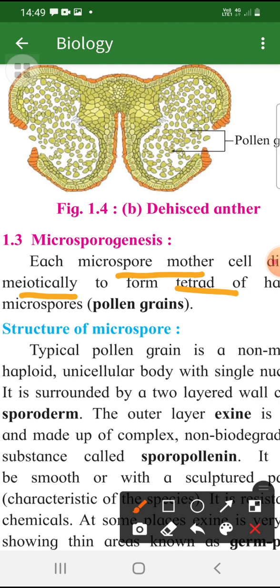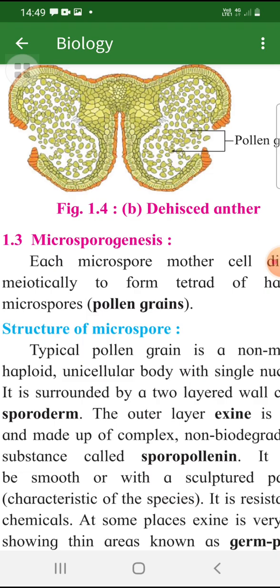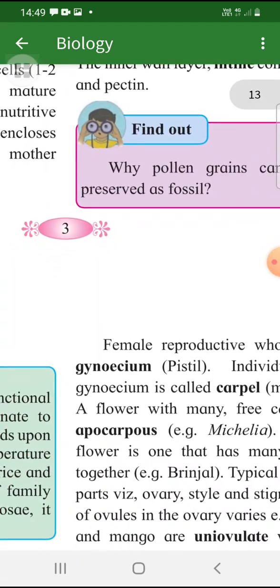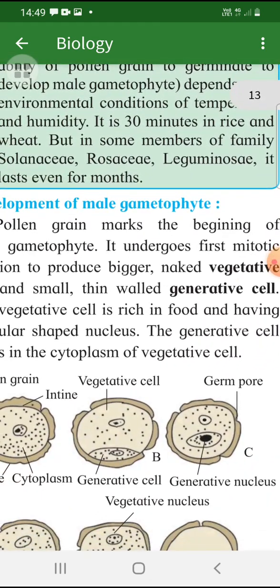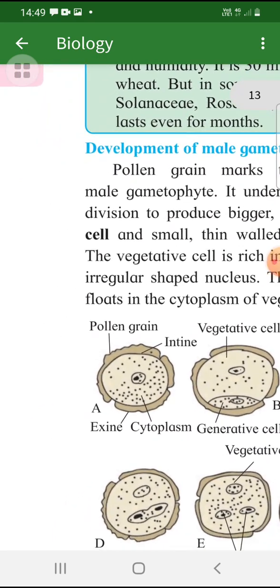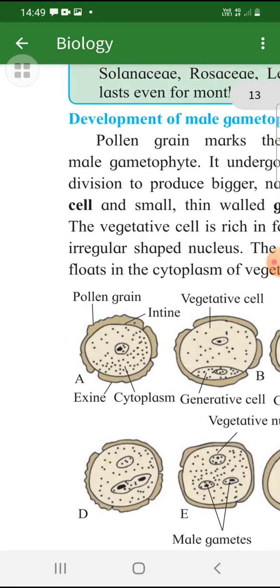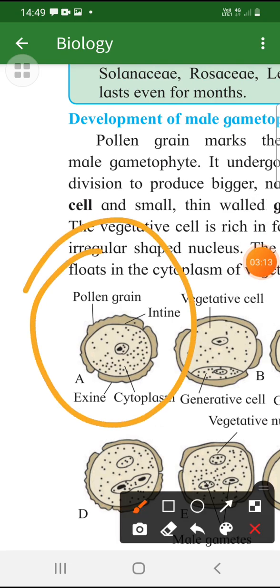Now let's understand. We don't have the diagram much, but still on page number 4 you can see a little bit over here. So the diagram in front of you, let's just focus on this particular diagram. What do you see here? A pollen grain. This is one microspore.